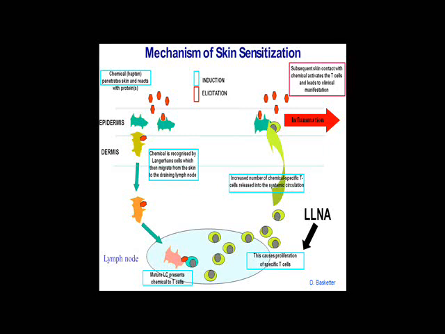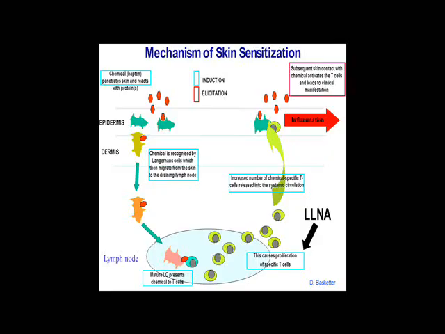Here's a mechanistic slide for skin sensitization that I'll be going through, beginning in the upper right-hand corner, where the chemical represented in red, or hapten, is able to penetrate the skin and can react with those skin proteins. So we have a critical event there, being that reactivity with proteins.